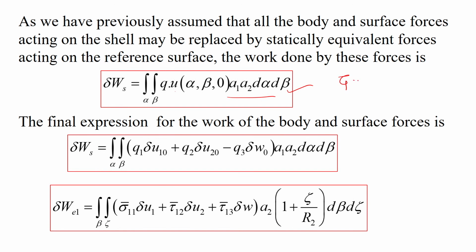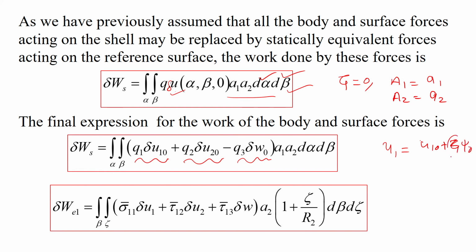At the reference surface zeta is 0, so capital A1 reduces to just A1, capital A2 reduces to just A2, d alpha and d beta, and Q naught, here we have to write del U. So, del Ws, the external work done due to the surface forces, will be Q1 del U1 0, Q2 del U2 0, Q3 del W 0. Here U1 is ultimately U1 0 plus zeta times psi 1, but zeta is 0, so only that contribution remains.